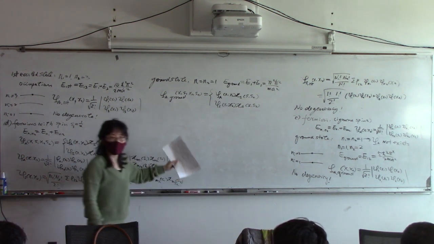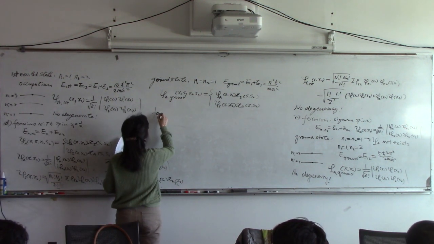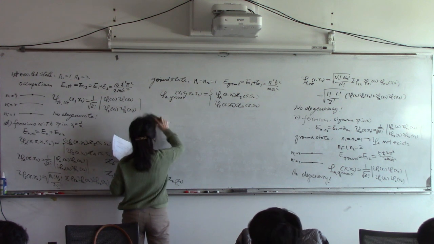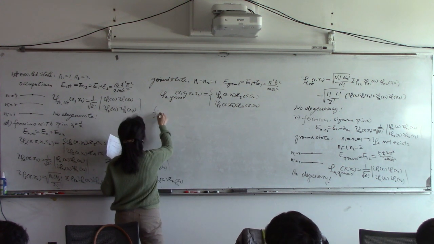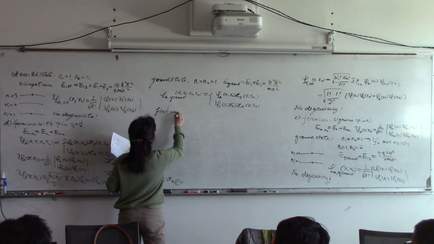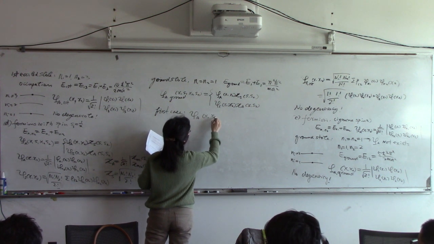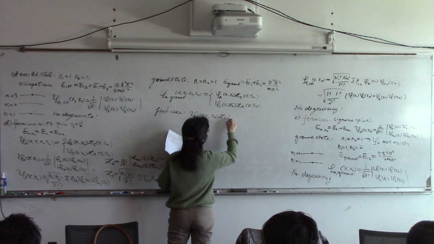Okay, we will have two possible ways, right? Let's consider the first one. The first case is antisymmetric in spatial and symmetric in spin.